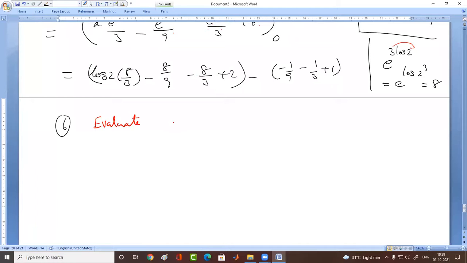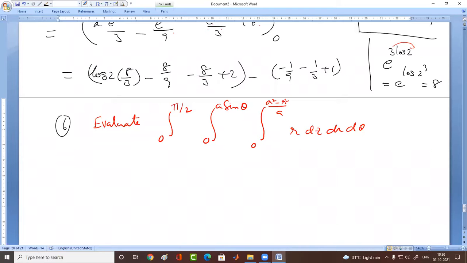Now the last question, today's last question on triple integrals. Integral 0 to pi/2, integral 0 to a sin theta, integral 0 to (a squared minus r squared)/a, dz dr d theta.